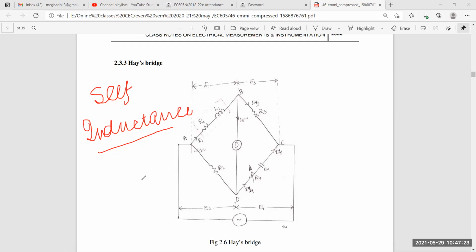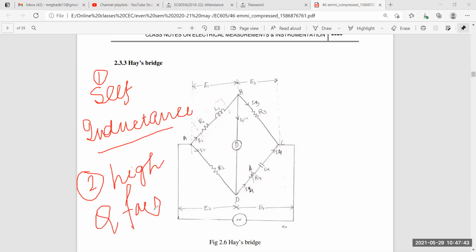So for measuring high quality factor, Hayes Bridge is used in this particular circuit. First of all, it is used to measure self-inductance, and secondly, definitely we will get a high quality factor, that means high Q factor, from this particular Hayes Bridge. So this is our main two mottos.